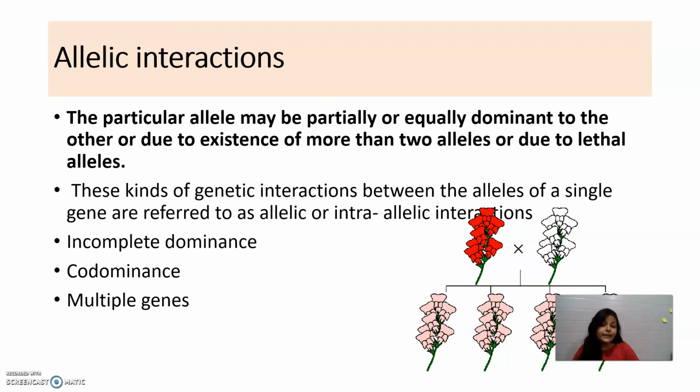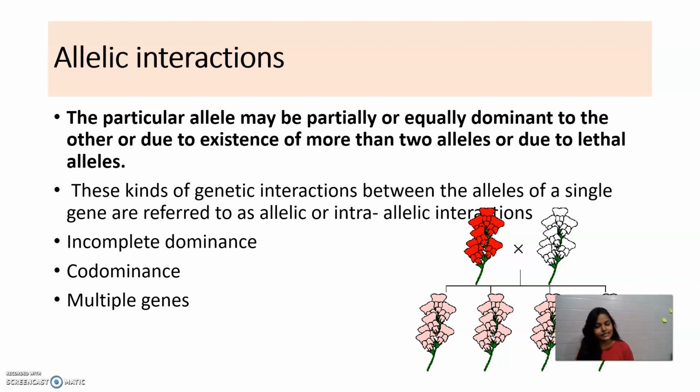In incomplete dominance, in a heterozygous individual, both alleles are present, and the dominant allele will show dominance, but it will be unable to dominate completely. This means the expressivity of the allele is decreased.